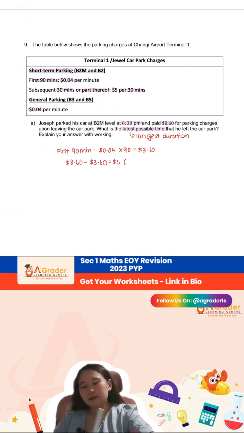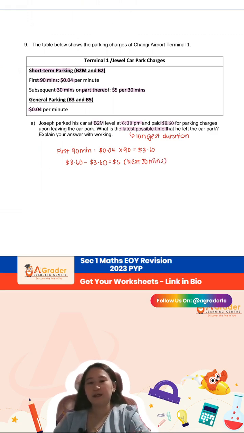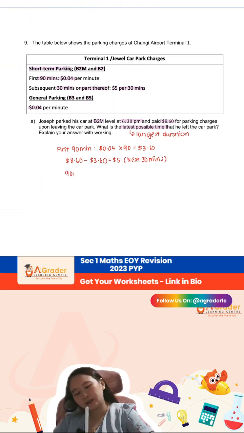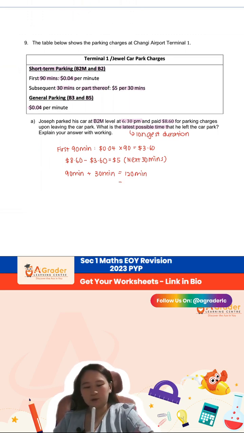So this $5 is the next 30 minutes. So he can park for another 30 minutes. In total, the first 90 minutes plus the next 30 minutes, he parked for 120 minutes, which is 2 hours.